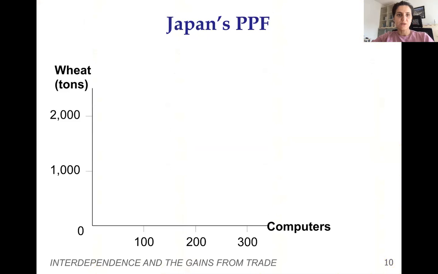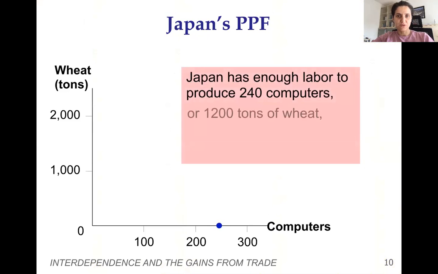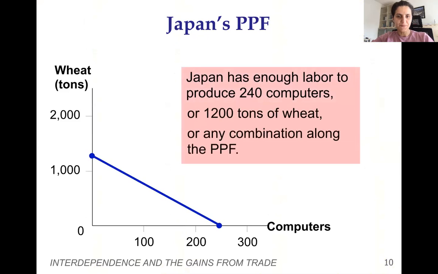So this is Japan's production possibility frontier. If it uses all of its resources to produce computers, it can produce 240 units of computers. If it uses all of its resources to produce wheat, it can produce 1,200 tons of wheat.